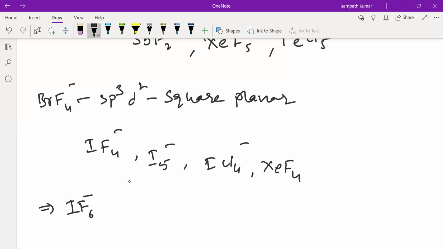I gave IF6 minus. Sp3d3 hybridization, sir, one lone pair of electrons is present. Okay, who said that?